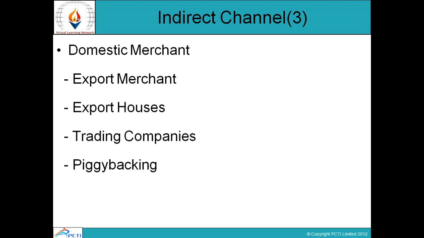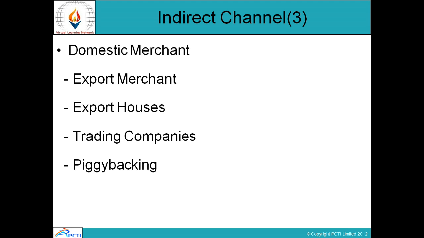In indirect channels, another category that is to be discussed is domestic merchant. In domestic merchant there are subdivisions, subcategories. One is export merchant. What happens in this case? The domestic based export merchant buys the manufacturer's products and sells them abroad on its own.